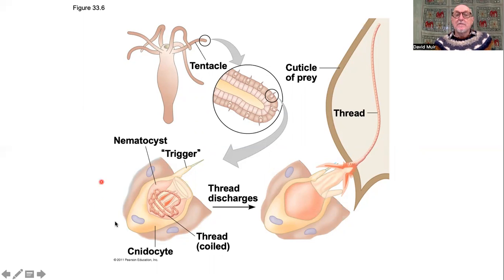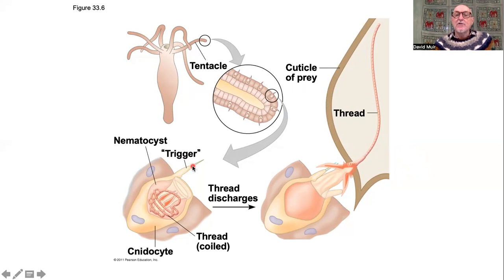So this is what the cell looks like. It is called a cnidocyte or nematocyst. You can use either word, I don't mind. There's some distinction between the two, but it doesn't much matter. You can see here the nematocyst is coiled up inside the cell, and it's kept under pressure. And there is a trigger.